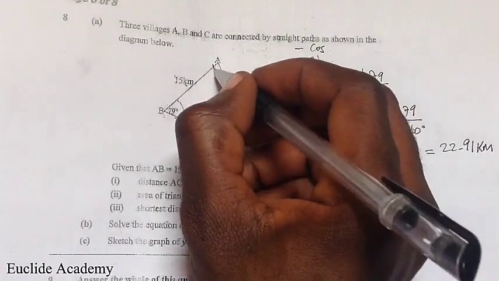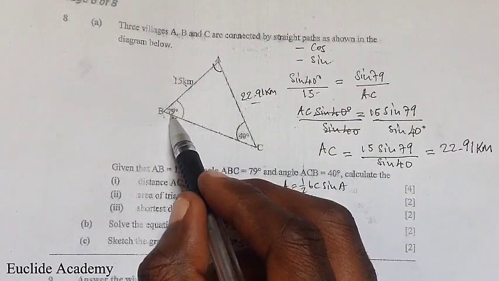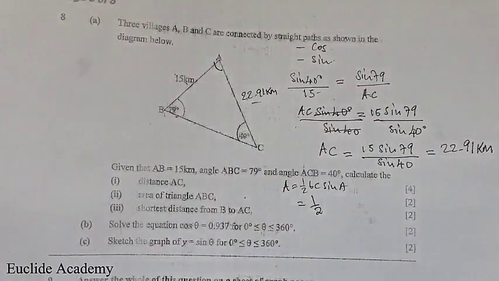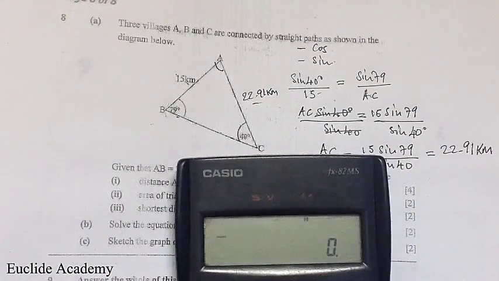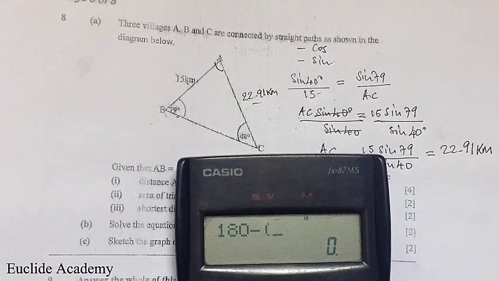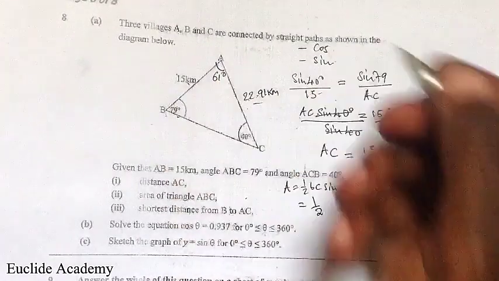What is it? This angle here is easy. We're just going to add 40 and 79 and subtract from 180. So we say 180 minus, open bracket, 40 plus 79, close bracket, which gives 61. So this angle here is 61 degrees.